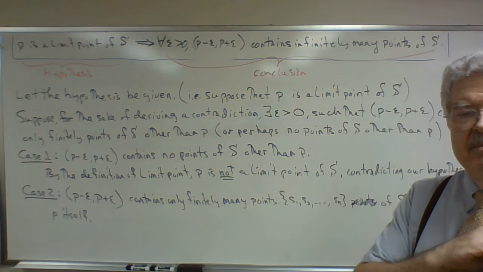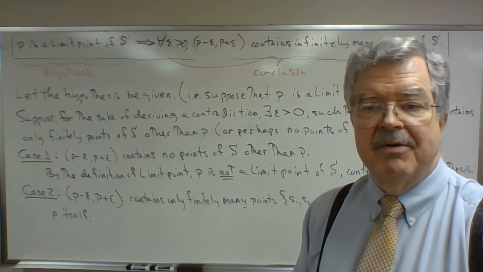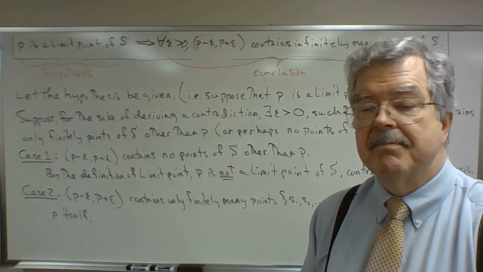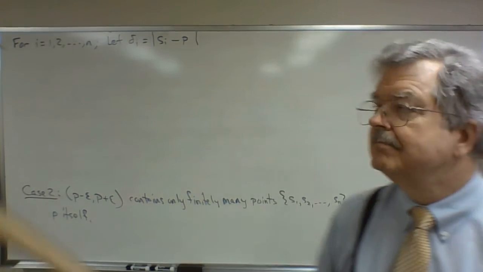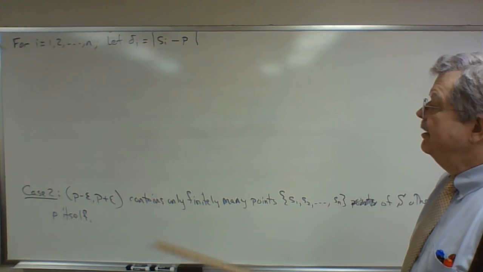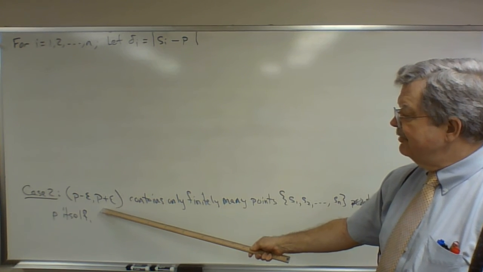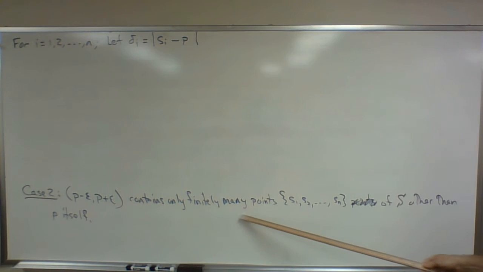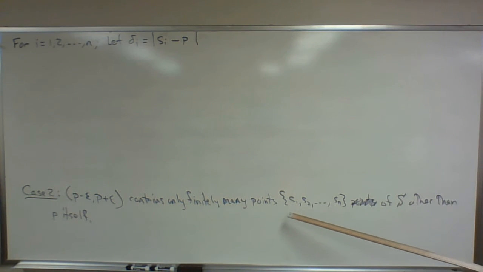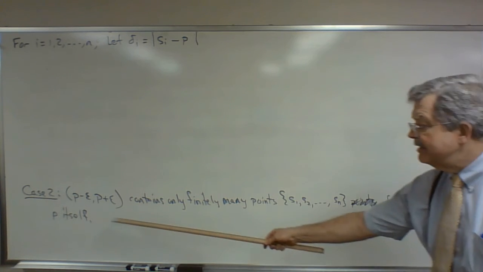And I'll clear up some board space and we'll see why that's a problem. So we're considering case 2, the interval P minus epsilon, P plus epsilon contains only finitely many points, S1, S2, dot, dot, dot, S sub n, finitely many points of S other than P itself.